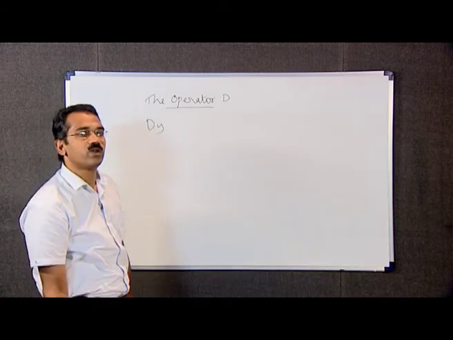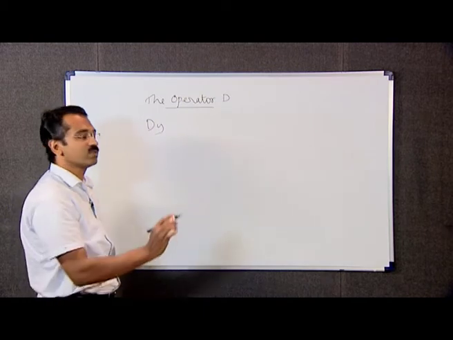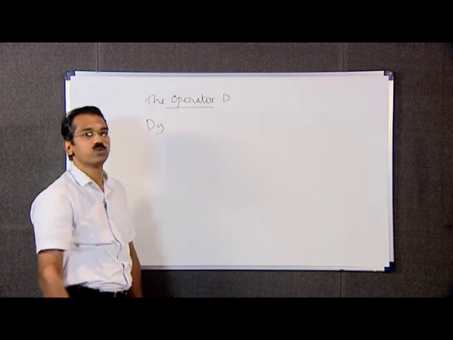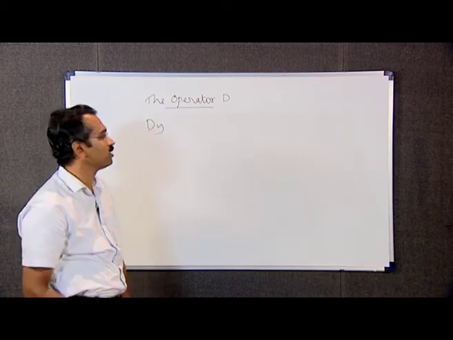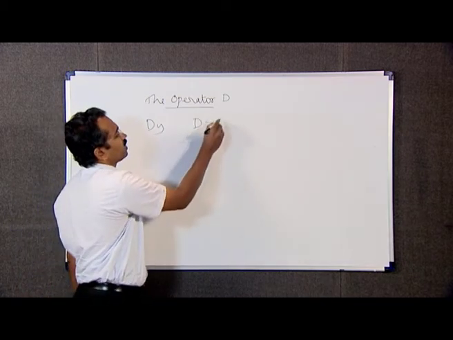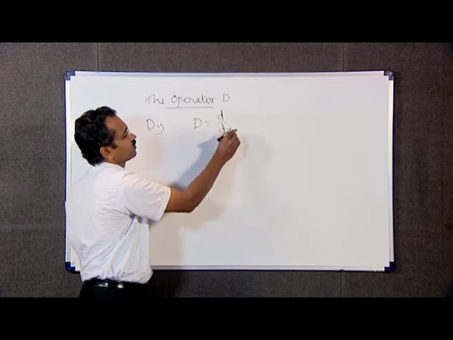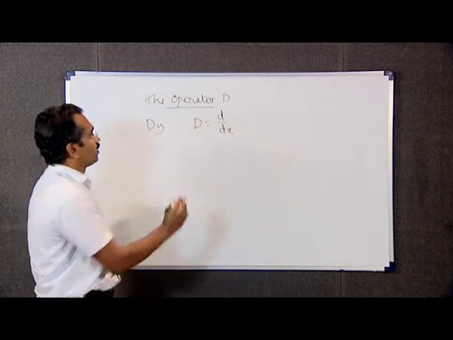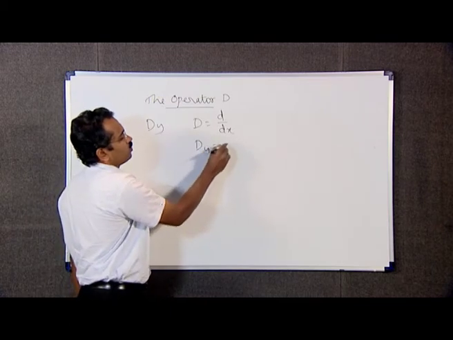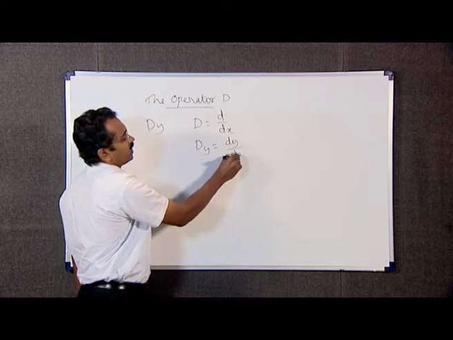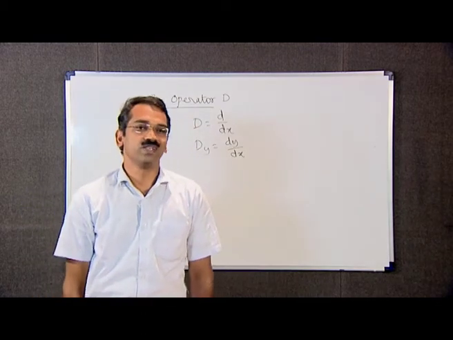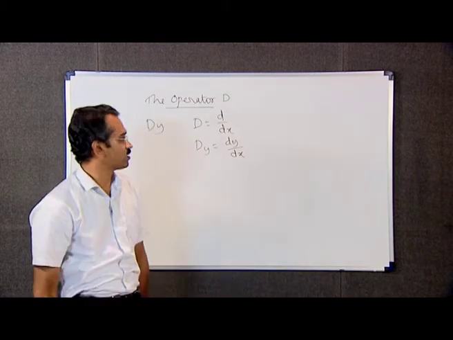Dy denotes the differential coefficient of y with respect to x, where capital D is equal to d by dx. Dy is equal to dy by dx, that is the derivative of y with respect to x.